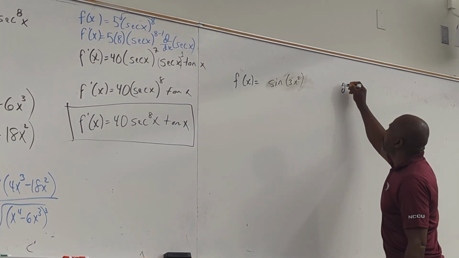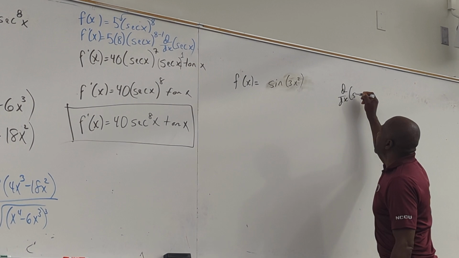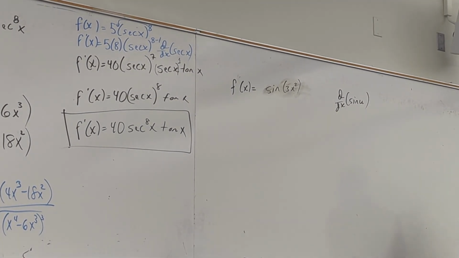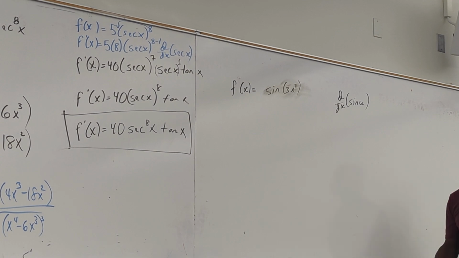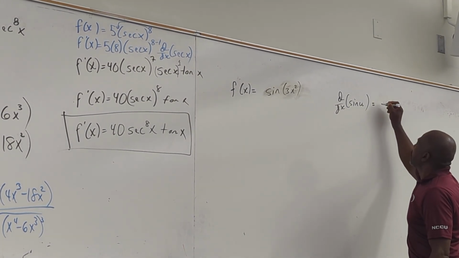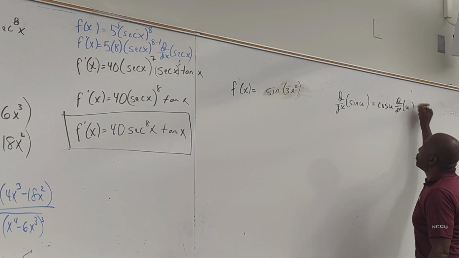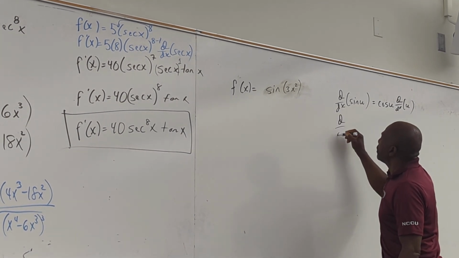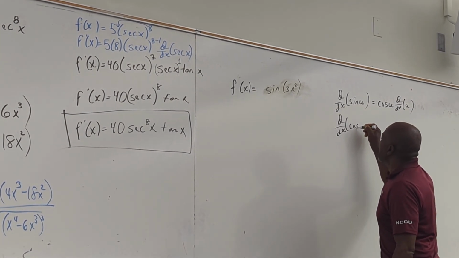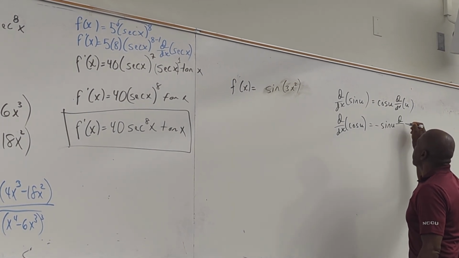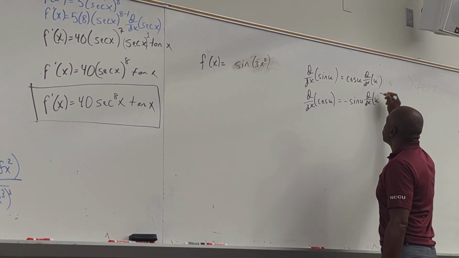So I'm going to say the derivative of sine u, which means you know it's not x, right, class? So the derivative of sine u will be cosine u times the derivative of u. The derivative of cosine u will equal negative sine u times the derivative of u.